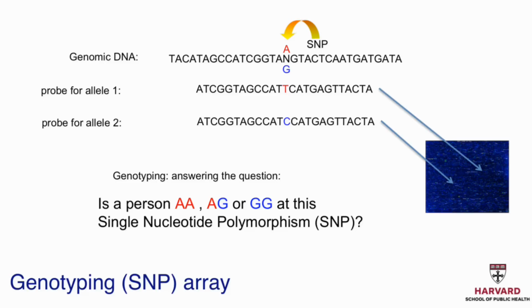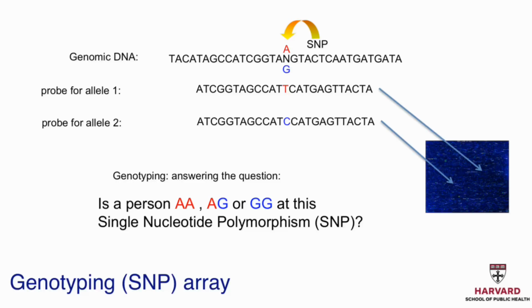And in this cartoon, we're showing you just one SNP, and we've designed 2 probes. One probe hybridizes to the piece of sequence that has the A. The other probe is designed to hybridize to the piece of sequence that has a G. So if you're an AA, if you have that genotype, then you will only get hybridization on the probe for allele 1.